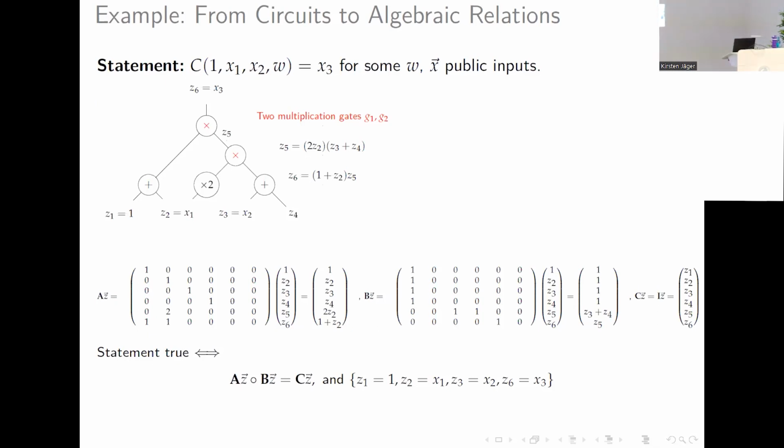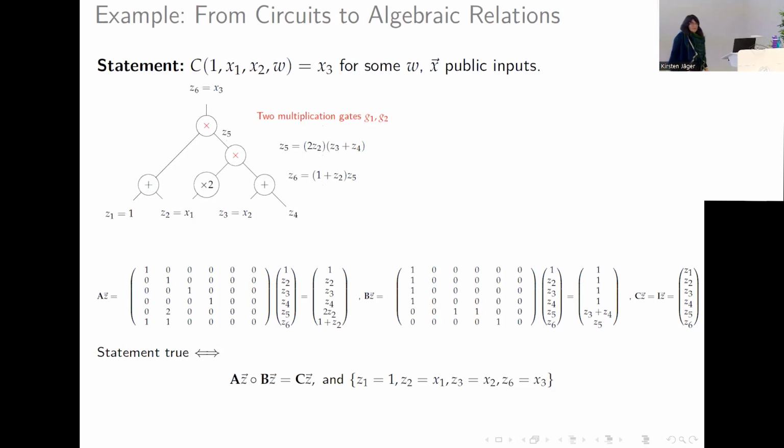So you can see that you can write these matrices and then the result times the witness will give you this vector. Okay, so you can see that the product of this vector with this vector will give you this vector. This is what it means, the Hadamard product.